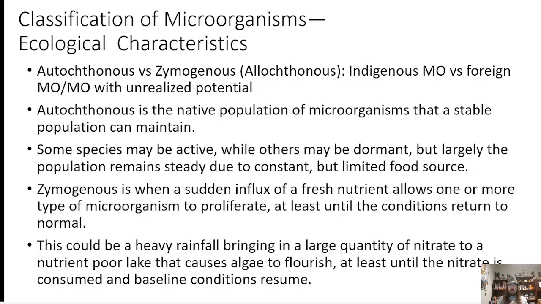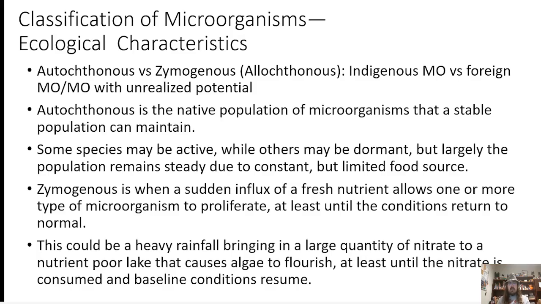And so we get a burst of microorganisms, at least until the conditions start to return to normal. So these nutrients could be brought by heavy rainfall. A large quantity of nitrate into an otherwise nutrient-poor lake would cause algae to flourish, at least until all the nitrate is consumed and then baseline conditions resume. So that's one way we can look at a population of microorganisms, whether this is the natural level versus we're seeing an elevated level.